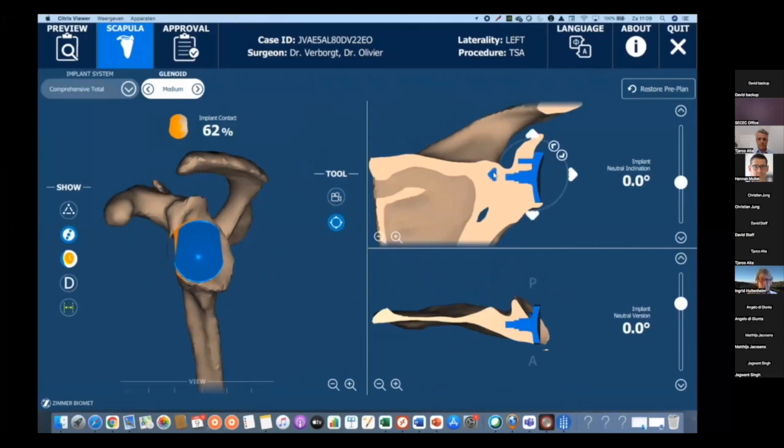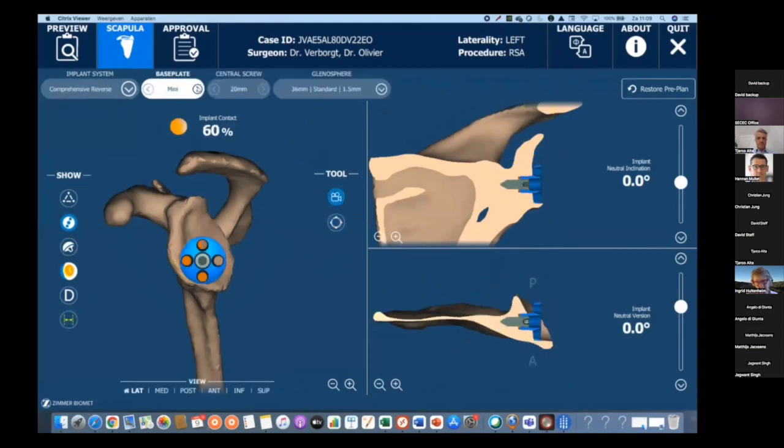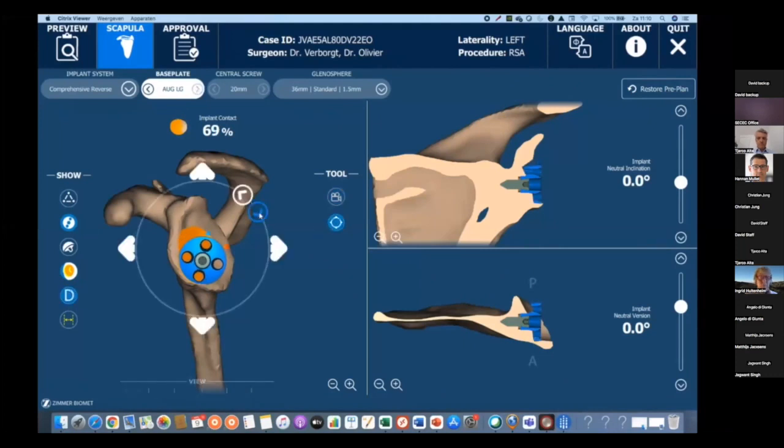And if the surgeon wants to implant an anatomical prosthesis and correct for the bad retroversion, you can see he has to take away quite a bit of bone. This is unacceptably high in an anatomic prosthesis. Up to 2 centimeters of bone removal on the glenoid will give him a problem of stability and not the best results. If the patient had been older, a reverse arthroplasty with an augmented baseplate, of course, could have been the right option.